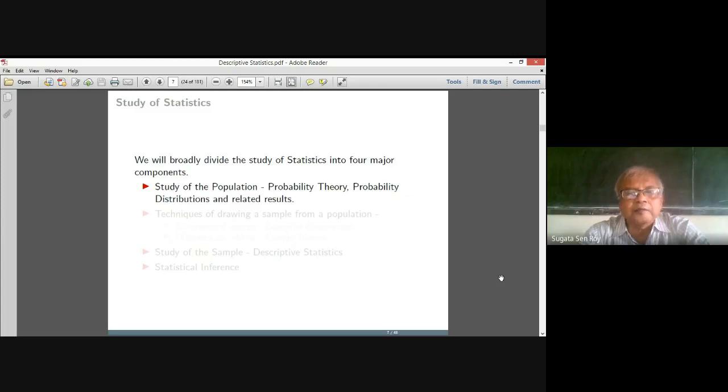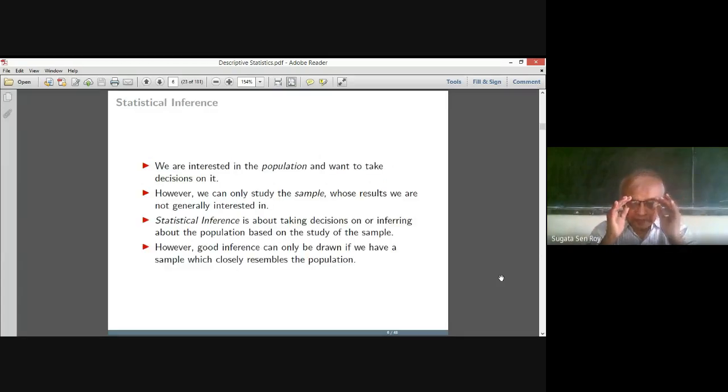Before I come to the next slide, let me explain this a little bit. Let me take another example, and suppose I'm looking at heights of Indian males, and I want to look at the average height of Indian males. How do I go about doing this?